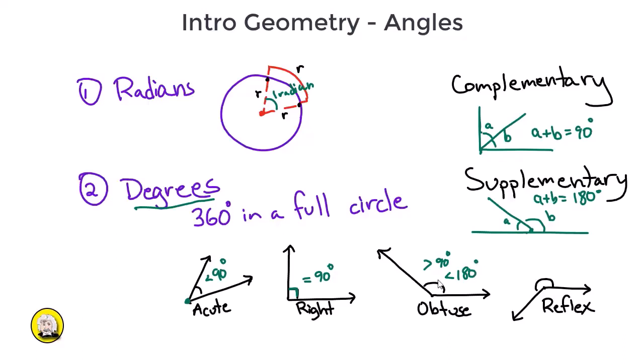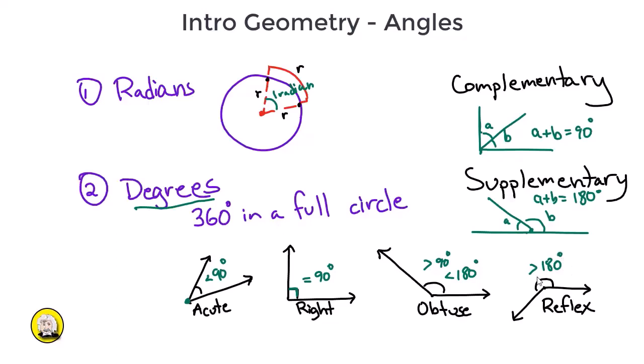If it's exactly 90 degrees, it's a right angle. If it's exactly 180 degrees, we'd call that a straight angle. In between, it's an obtuse angle. And what if it's more than 180 degrees? Then we call that angle a reflex angle.